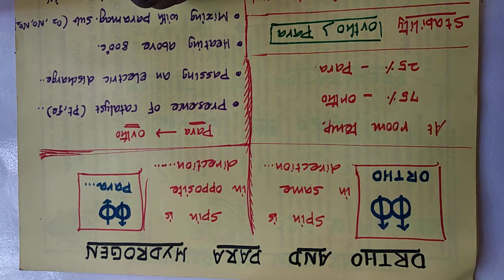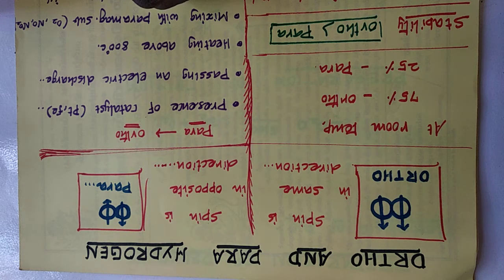We know about the formation of a hydrogen molecule, isn't it? How does a hydrogen molecule form? By the combination of two hydrogen atoms. So since it has two hydrogen atoms, we can say that it has two hydrogen nuclei.